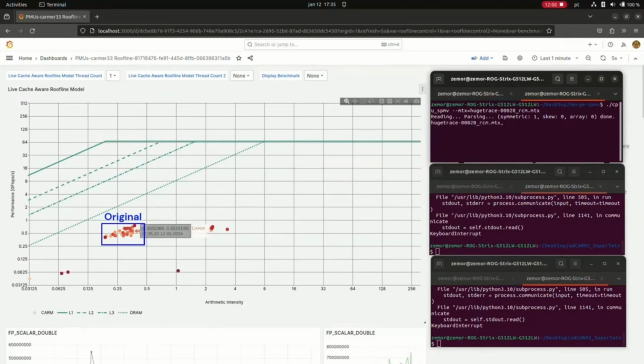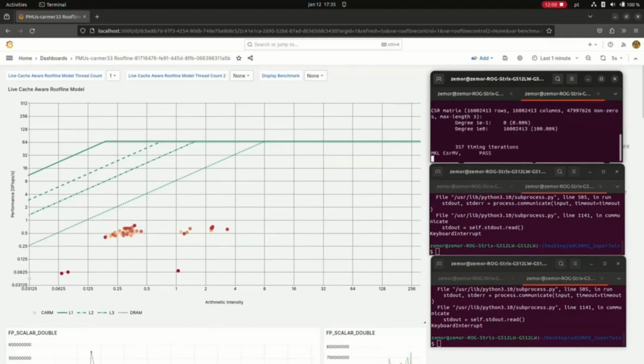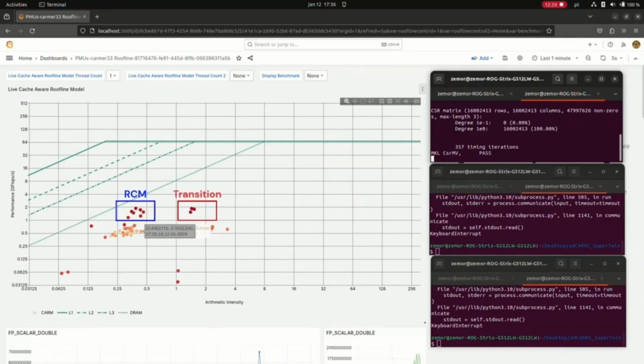So now we have a little bit of downtime between the readings, but we should now see our dots in a moment, and they will be substantially higher. And so as you can see, this resulted in about a twofold improvement in the gigaflops department and a slight improvement in the arithmetic intensity, which shows us that the RCM reordering benefited the algorithm very much.